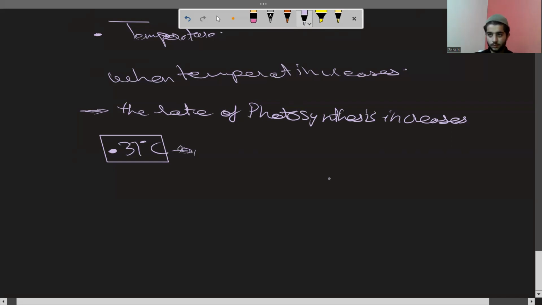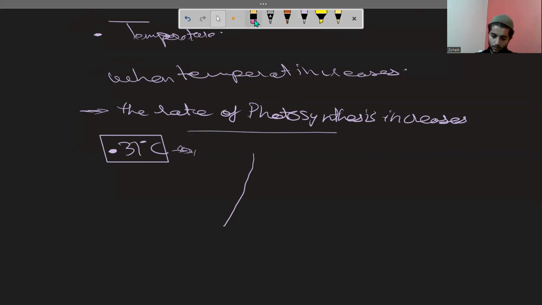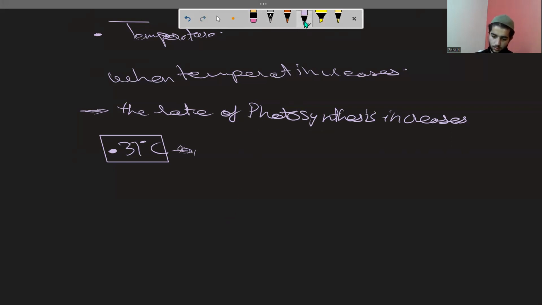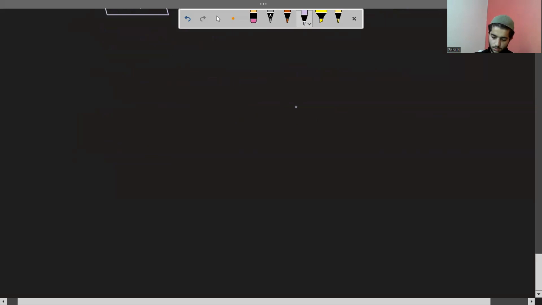And for example, let me give you a graph about the rate of photosynthesis, like how is it affected.